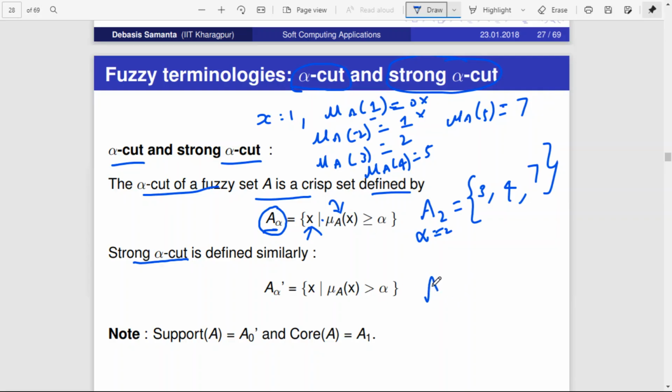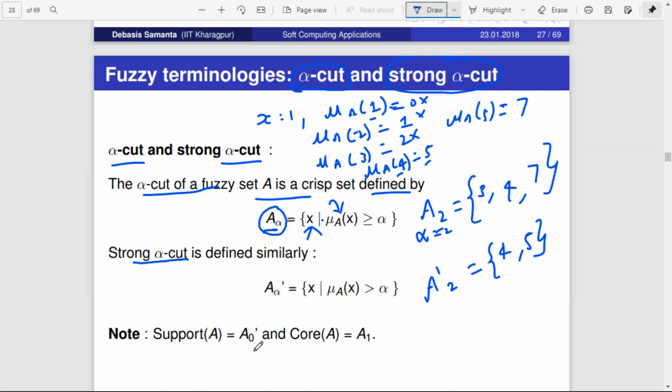So what will be A dash of 2, the strong alpha cut, in this case? 0 is not greater than 2, 1 is not greater than 2, 2 is also not greater than 2, so this also will not come under strong alpha cut. For x value of 4, the membership value is 5, which is greater than 2, so 4 will come here and 5 will come here. This is how alpha cut and strong alpha cut are defined.